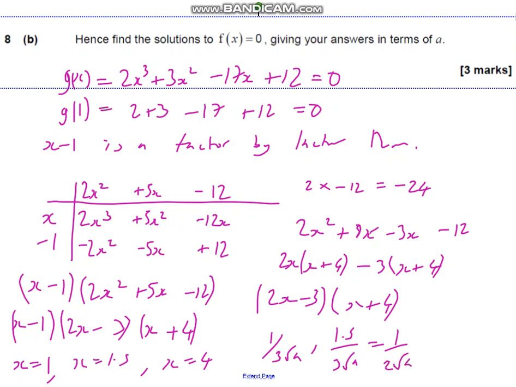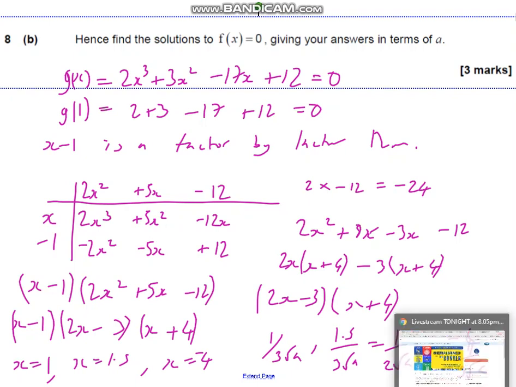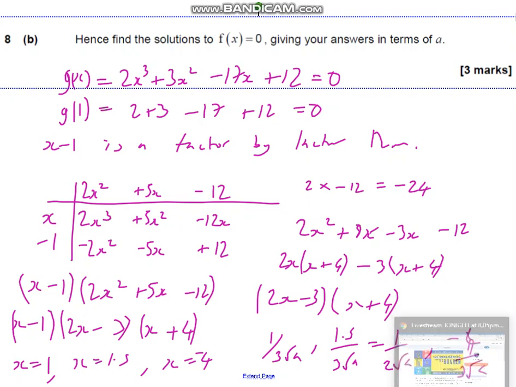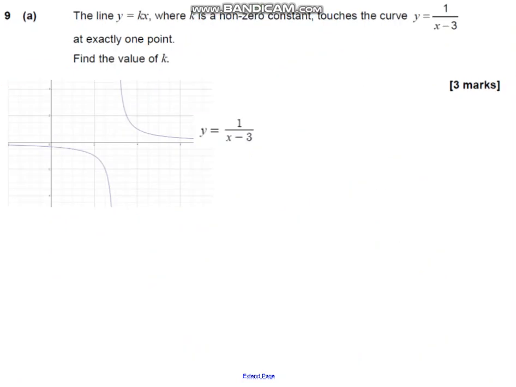And then lastly, that's minus 4 divided by 3 root a, and that will just be that, so that's a 4. And there we go, so that's those ones. Like I said, you could have just divided by 3 root a, but revising techniques is good, so I've done that.